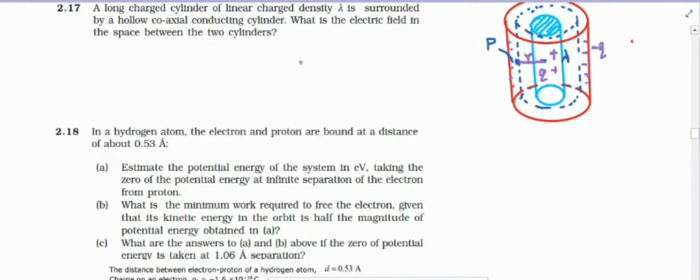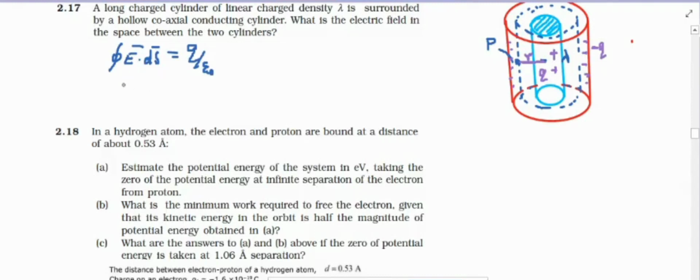Therefore, in the cross section there is no flux. Now, coming to the electric field passing through the curved surface, we can apply Gauss law. So we have closed integral E dot ds is equal to Q divided by epsilon naught.